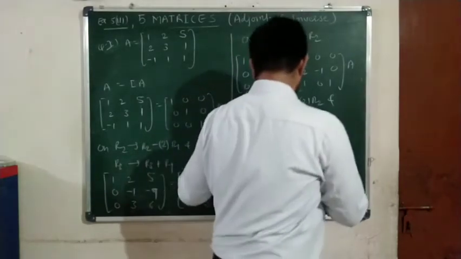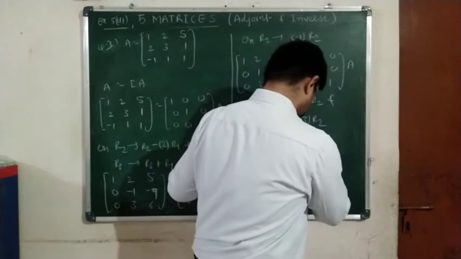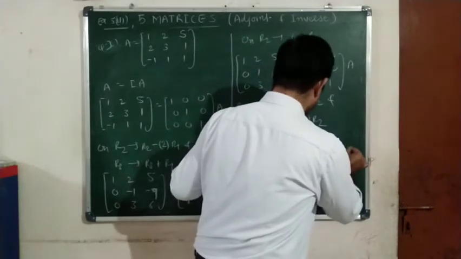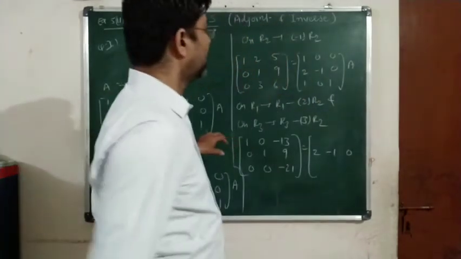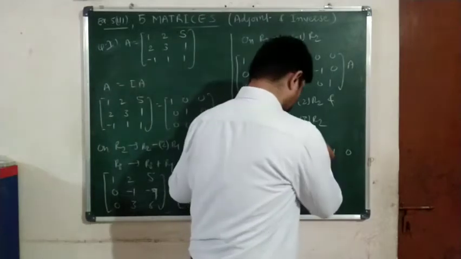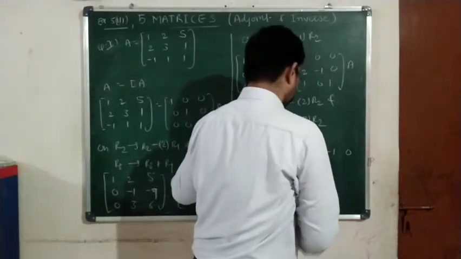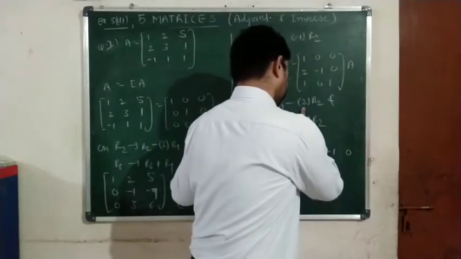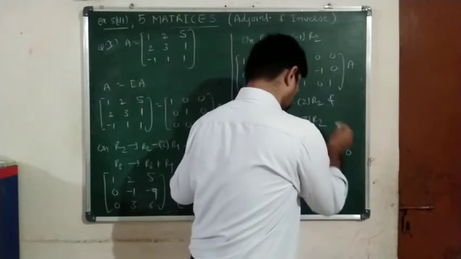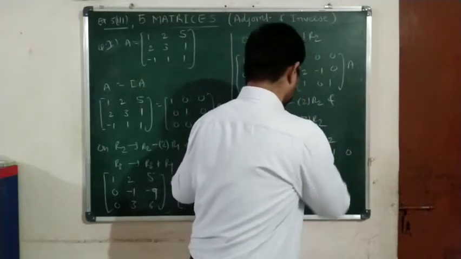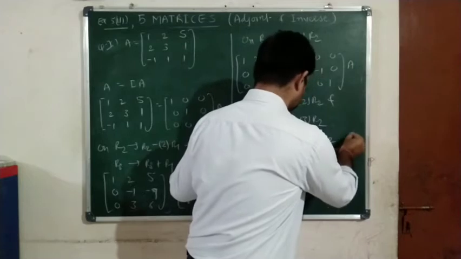Now similarly over here, since R2 will remain the same, let me put first R2 on R1 minus 2: so 1 minus 4 is minus 3, 2 ones are 2, and over here 0.